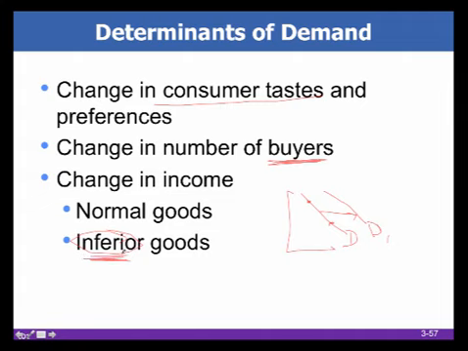Most of us, when our income rises, we are less interested in buying a used car and more interested in buying a new car. New cars, normal goods. We buy more of them when our income rises. Inferior goods, used cars, we buy fewer of them when our income rises. Of course, the reason that we buy fewer used cars when our income rises is because we buy more new cars when our income rises.